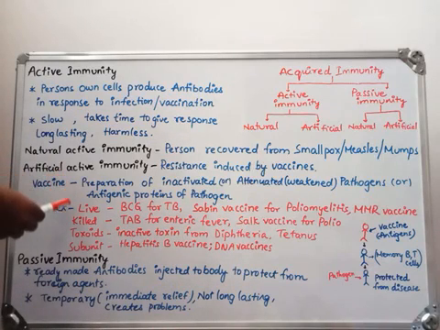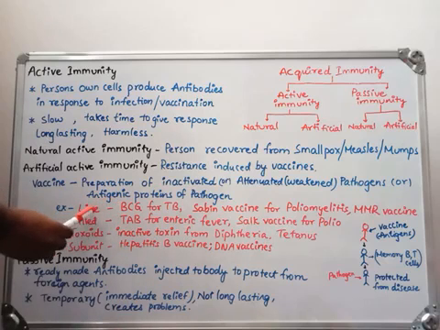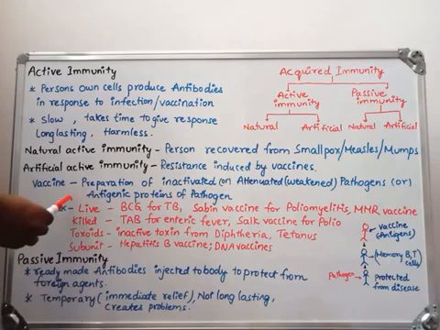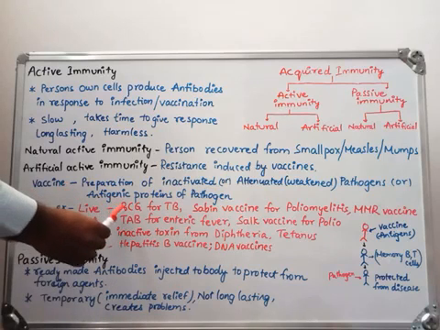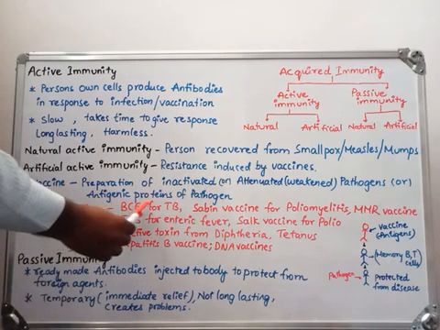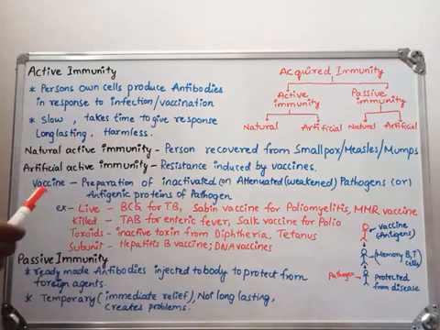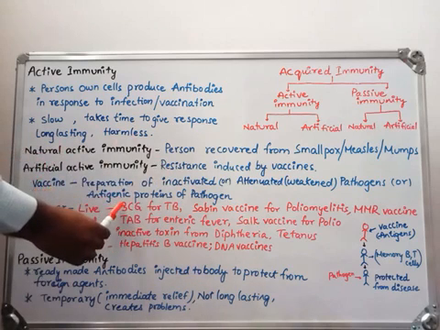And I am giving a number of examples which are very important for the NEET examination. Carefully observe. The live form of vaccine means the attenuated form of pathogens we take and inject into the person. Examples are BCG vaccine for tuberculosis. What is the full form?